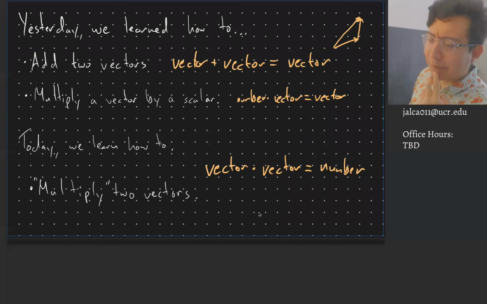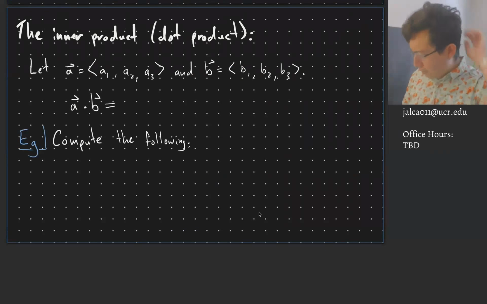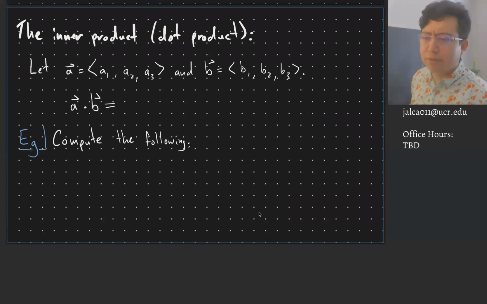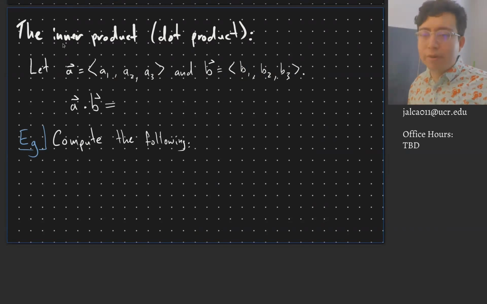So again, we're going to take the inner product of two vectors. We have this vector that we call A and this other vector that we call B. The inner product of these two is basically going to start off very similar to when we were adding two vectors. We just went coordinate-wise and said add this to this one, add this to this one. We're going to start very much like that.